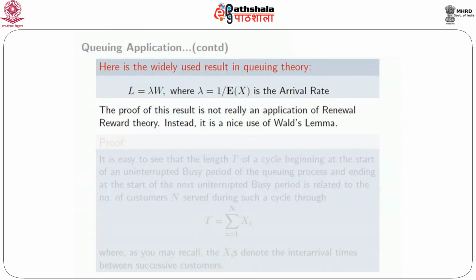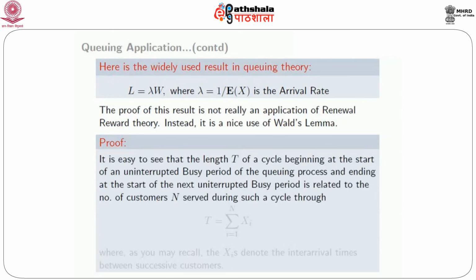Of course, the proof of this result is not really an application of the reward renewal theory. It's actually a nice use of Wald's lemma. And here is a proof. This is very widely used in queuing theory.